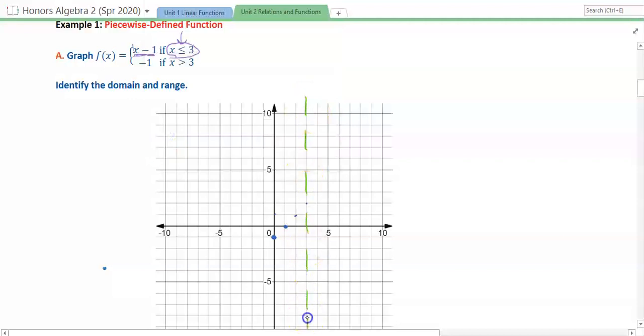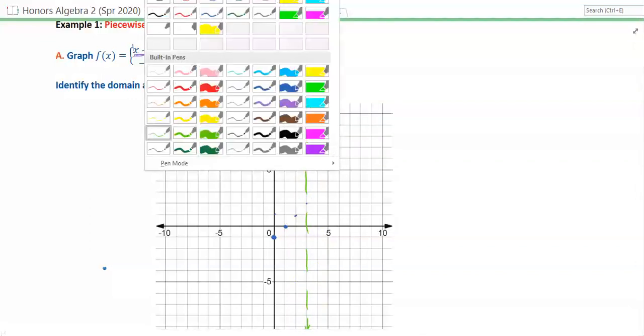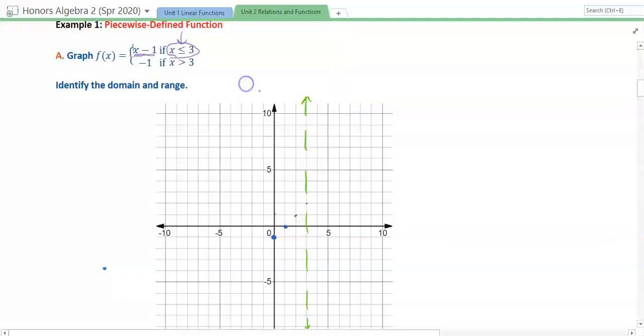Now I'm using a dashed line just to show that line's not real. It's just guiding me as I draw this picture. And so as we stop here at our green line, now my line is going to go less than. So it's going to be all of this going this way, going on and on forever, right? But it's going to stop at this green line.